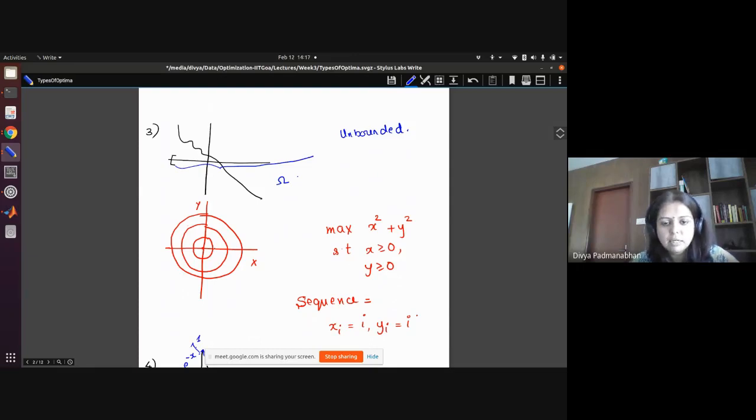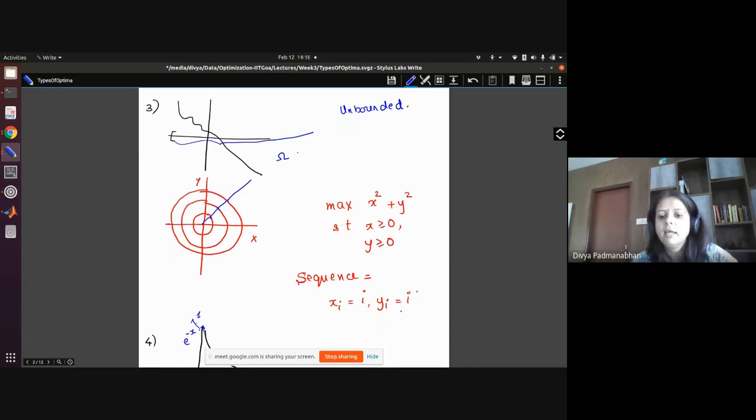So the sequence here I'm talking of is something like this. Okay, so you start from x is 0, then you start with x is 1, y is 1, x is 2, y is 2, and so on. Okay, so it will diverge. It's not going to converge to any finite value. Okay, and all these are going to be feasible.